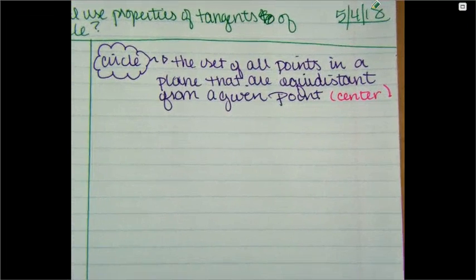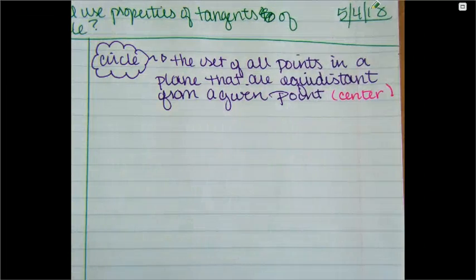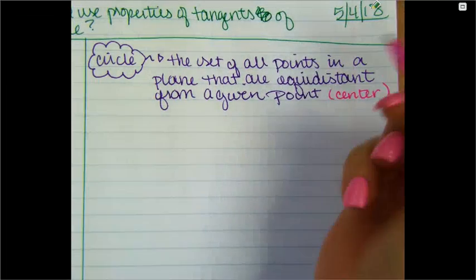It's a set of all points in a plane that are equidistant from a given point. That point is now called the center.